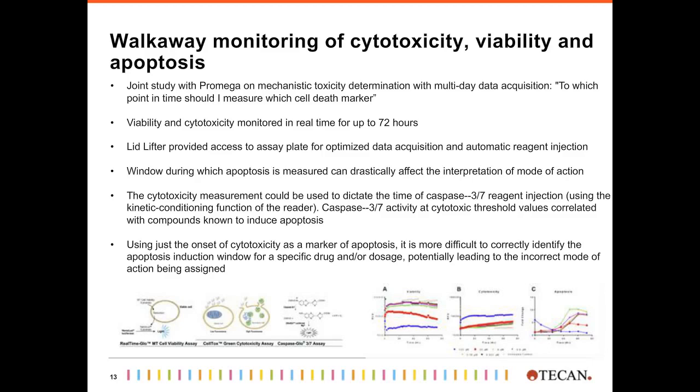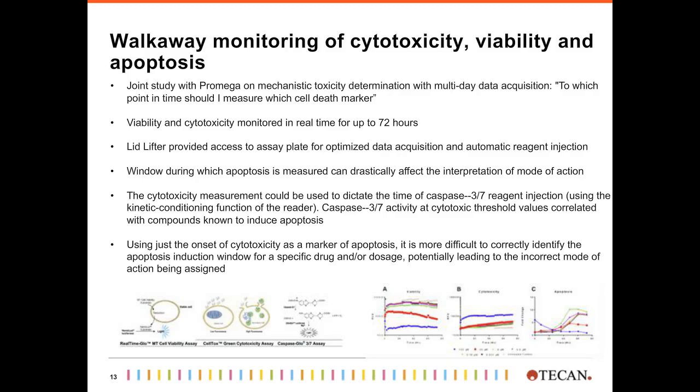The researchers at Promega also did a second experiment where they tried to investigate the potential of the kinetic conditioning function. And here they used a cytotoxicity threshold for an automatic Caspase-Glo 3/7 injection. And as you will find out when you study that paper in more detail, that also worked out perfectly.